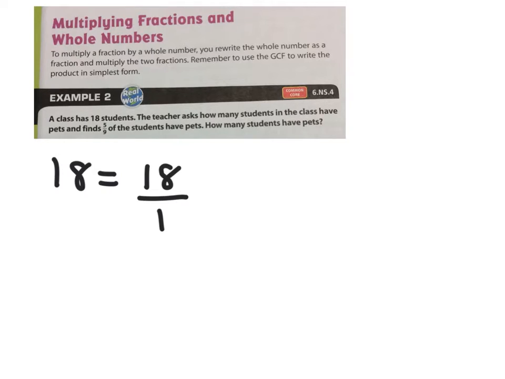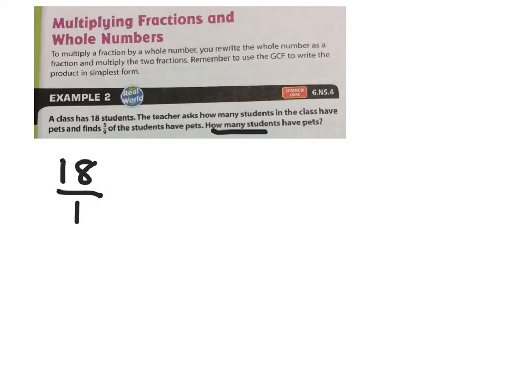Okay, so let's start this again. So erase that. A class of 18 students, and I'm going to make it 18 over 1 because I think I'm going to do a multiplication with this. A class of 18 students, the teacher asks how many students in the class have pets and finds 5/9 of the class have pets.